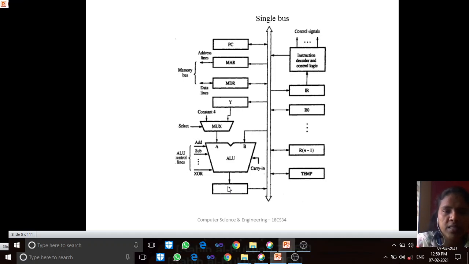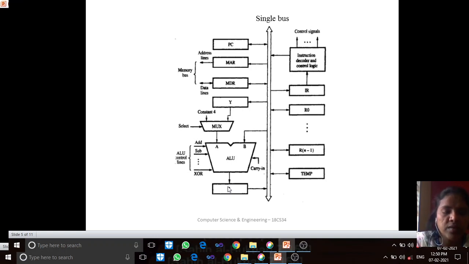PC is connected two-way because it gets the address from the internal bus, and it also forwards the PC contents to the instruction register IR in order to keep the instruction execution smooth.